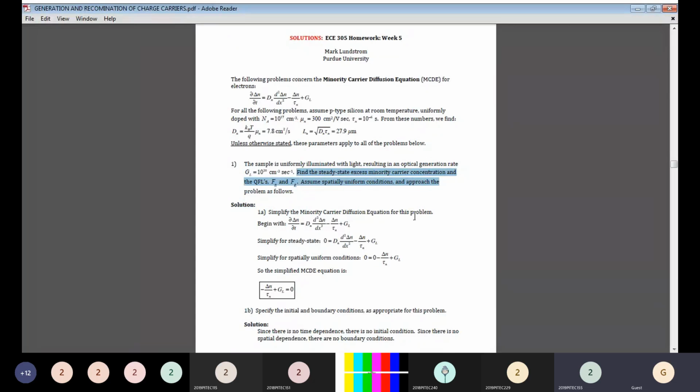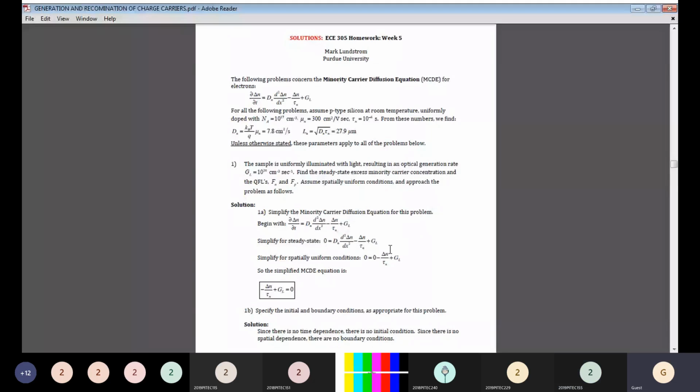The solution: simplify the minority carrier diffusion equation for this problem. Begin with dou delta n by dou t equals Dn d square delta n by dx square minus delta n by tau n plus GL.